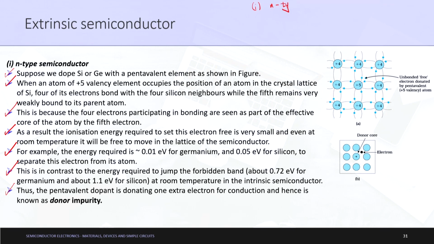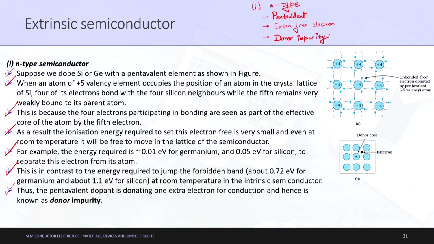First thing is your n type semiconductor. n type has a pentavalent impurity, and because of this there will be an extra free electron. As the pentavalent atom is donating one extra electron, it is also called a donor impurity.